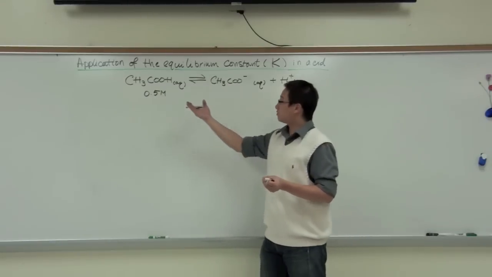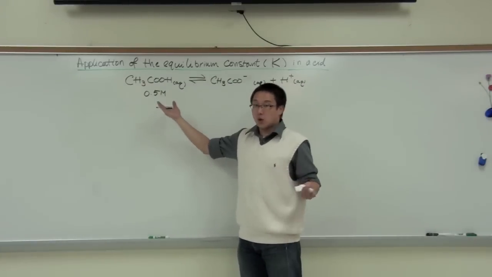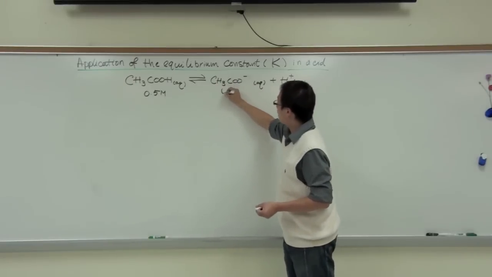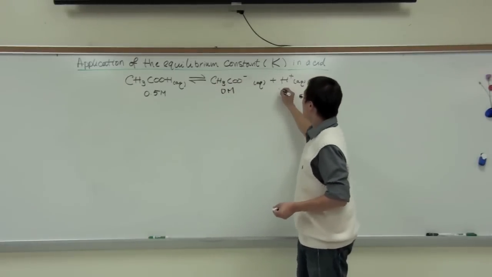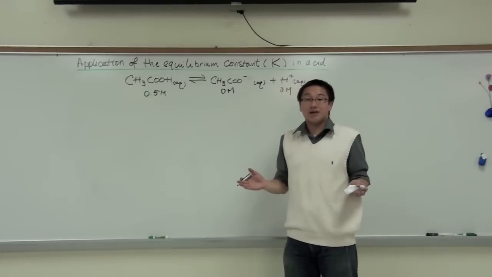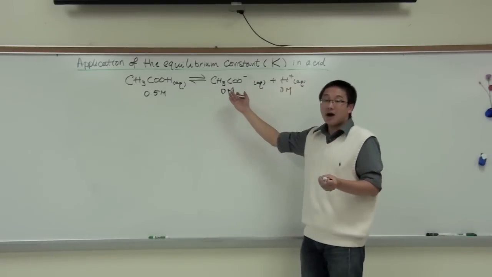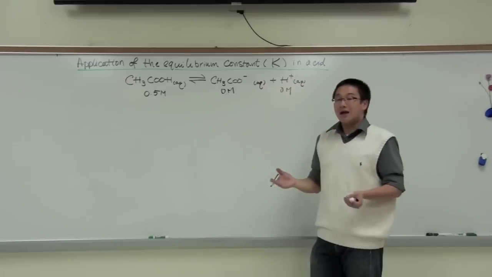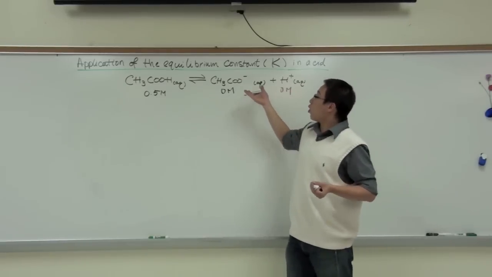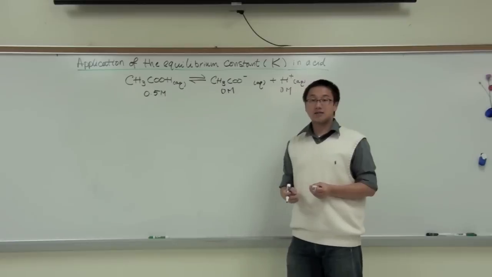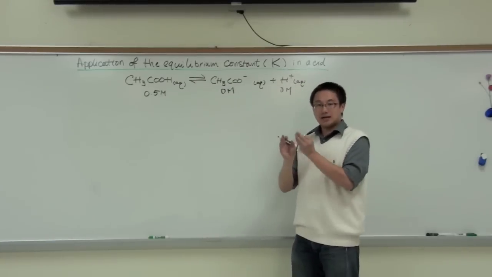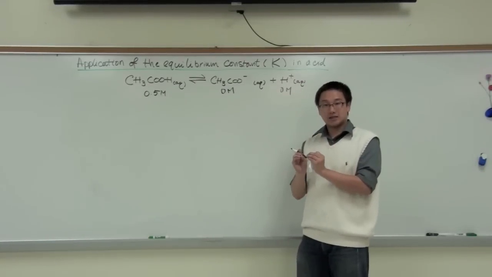Now we have some reactants right here, and that is okay to go forward. But on the product side, since it is before dissociation, we have nothing. We have no ions on the product side. And if we don't have any product, how do they go backward to make the acetic acid? Impossible. So we know that it is not at equilibrium yet.